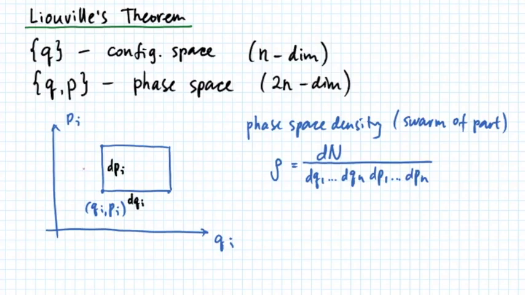For example, let's say that particles that are moving into this rectangle from the left-hand side will be given by a rate of change of coordinate q sub i. Likewise, the flux of particles that comes from the bottom will be given by the rate of change of momentum p sub i.